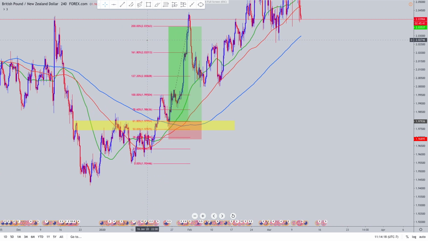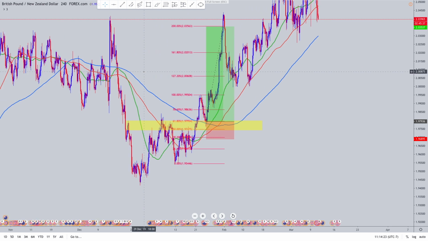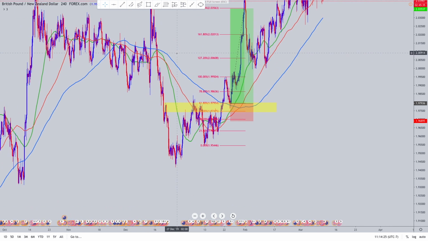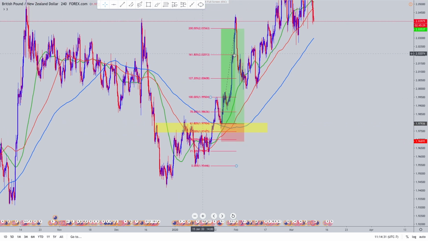However, I like to start off looking at the 127 and the 161, and just like we did in our entry, we want to look for confluences for our exits as well. So like I said, zones, moving averages, trend lines, whatever you can find to help line up these levels with another area of confluence to make it that much stronger as a TP area.